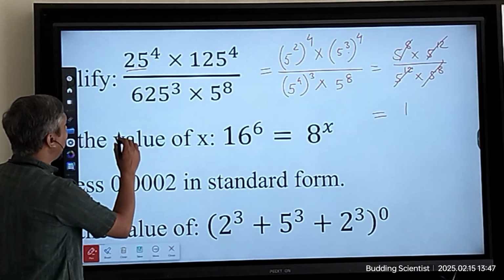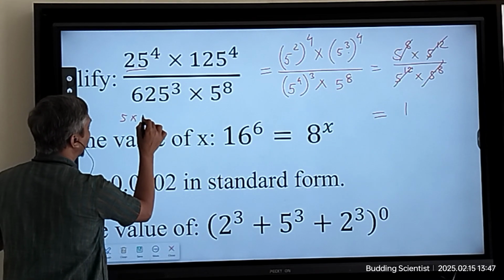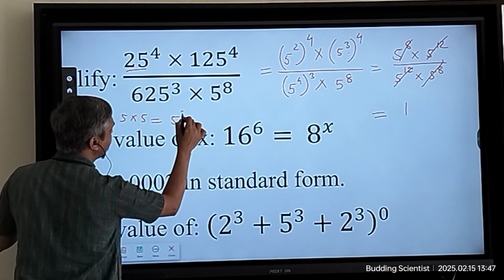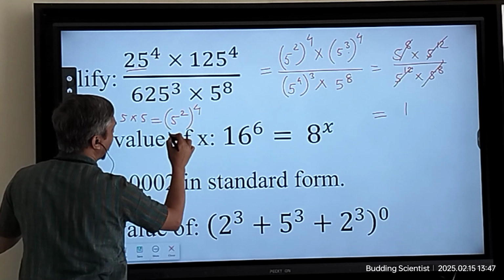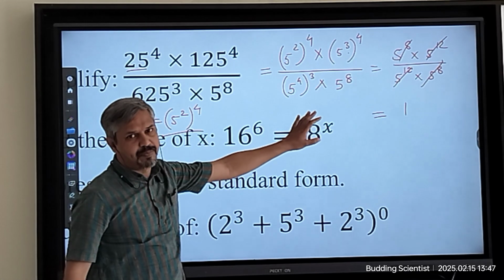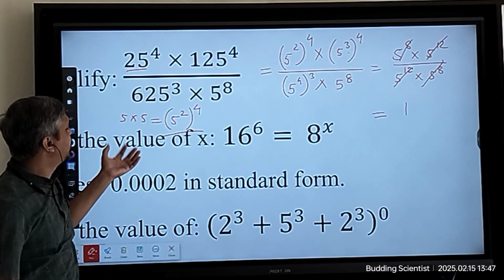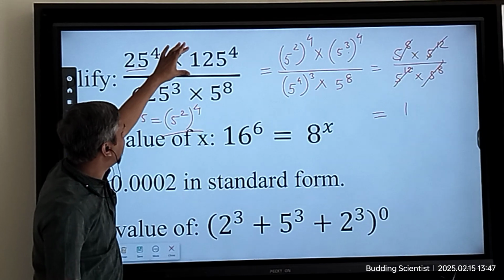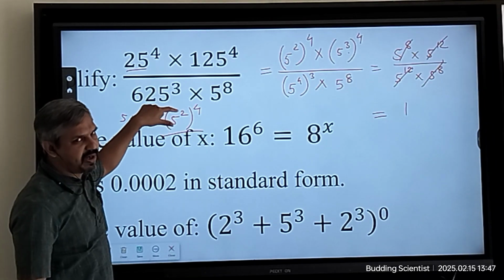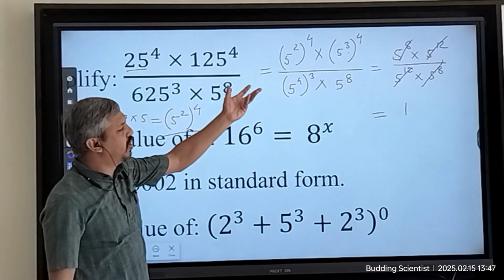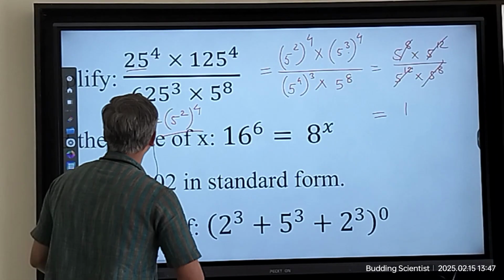So 25 can be factorized as 5 into 5, which effectively means 5 square, and then it will be raised to a power 4. And then further you solve. So the first step of this question is to convert every given base into an appropriate common base with the appropriate power. And then you can use the laws of indices and get the answer.